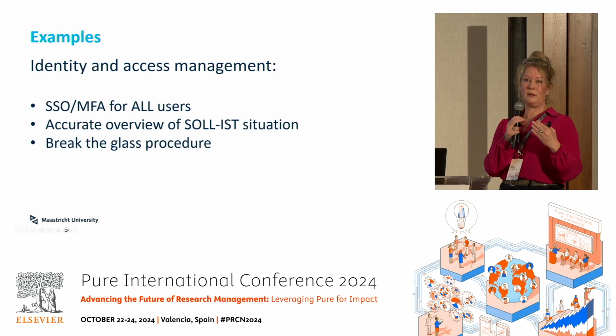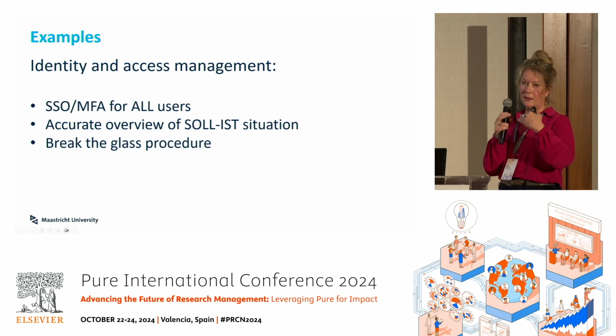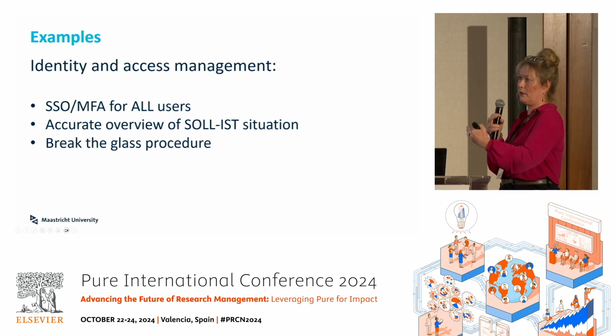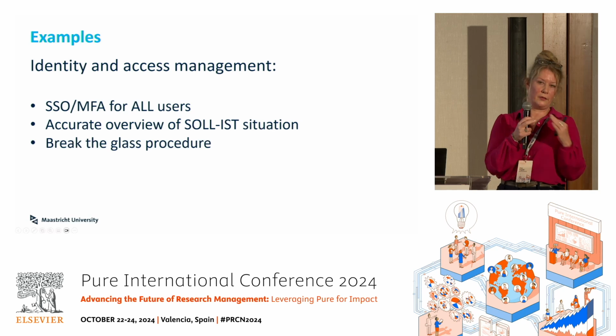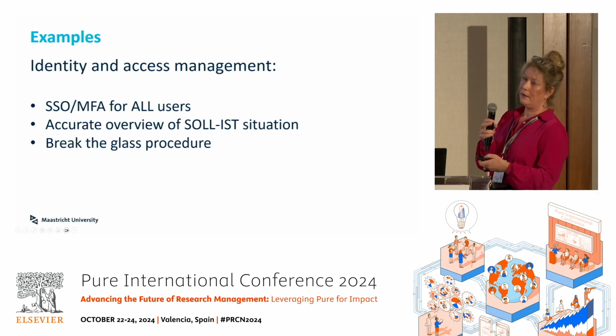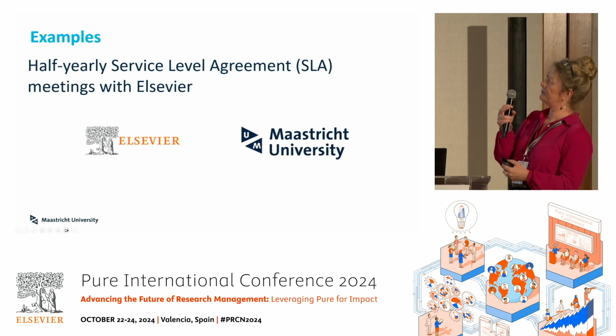And we came to an agreement with Elsevier. When we ask them, they can unlock this user, and then we have the password for this user, but this password is stored in a password manager somewhere at the university to which only a few people have access. So, security as good as we can get.